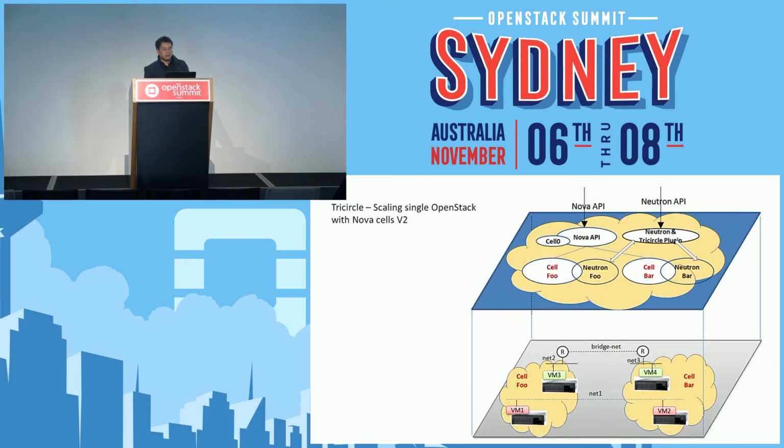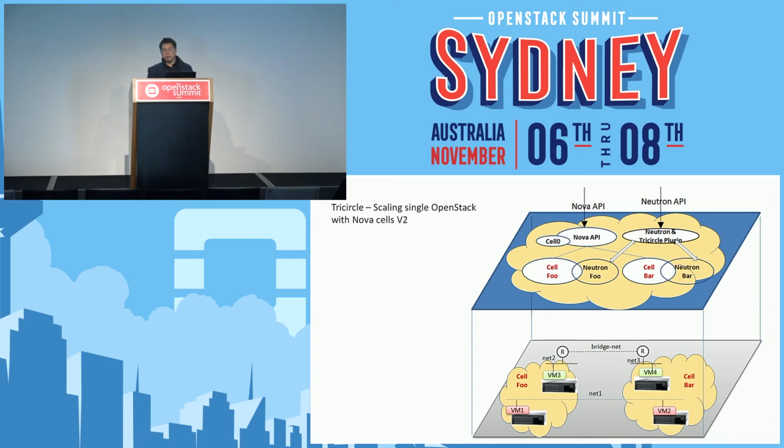For scaling a single OpenStack with Nova Cells v2, we can deploy local Neutron and central Neutron like this. Central Neutron works together with Nova Cell API and Nova API, and for each Nova cell or multiple cells, we can deploy one local Neutron with the cell.